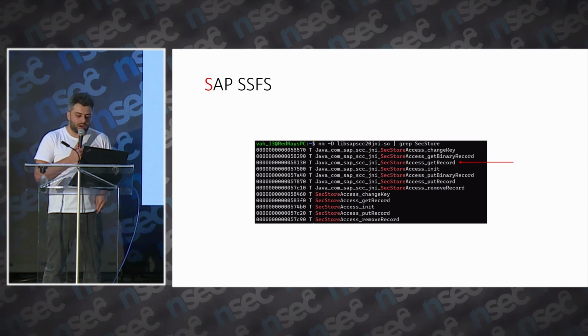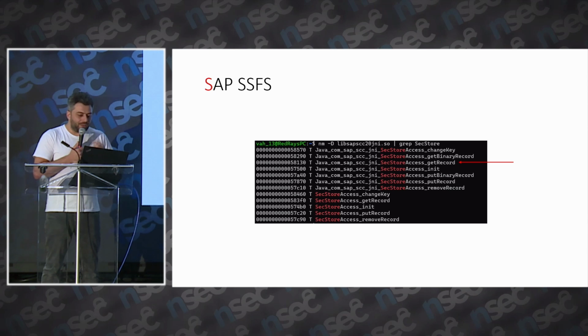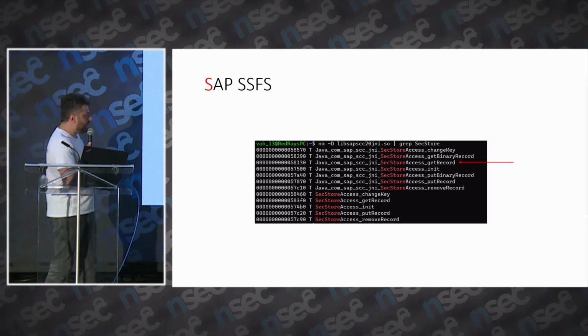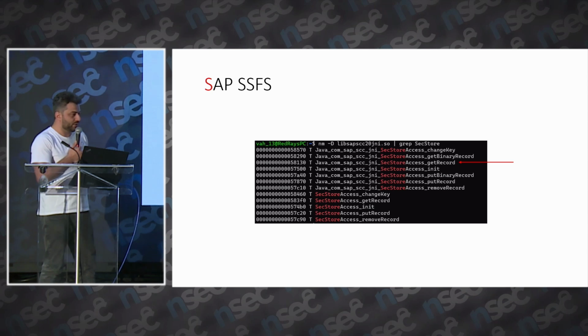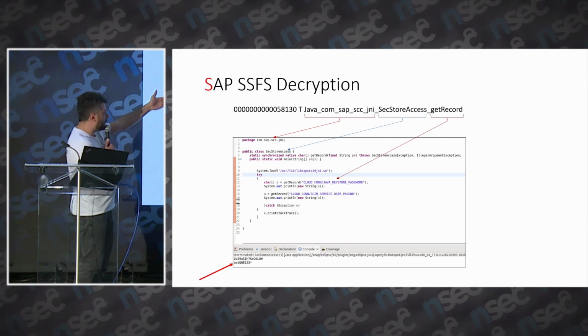There is a libsapscc20gni.so file, and that file had one exported function, ssfs store access get record. And what we did, we just used that SO library as a native function here.